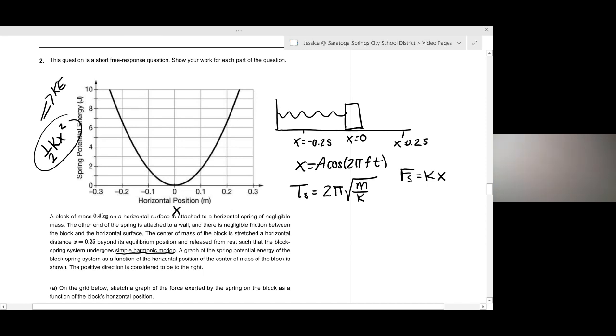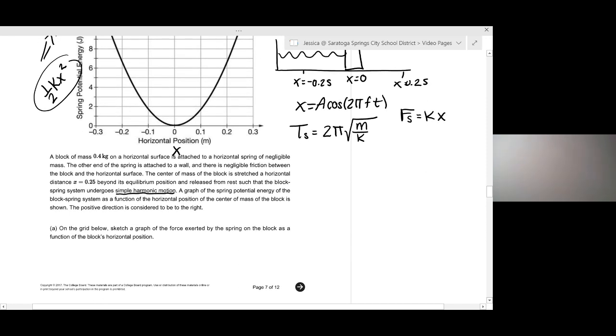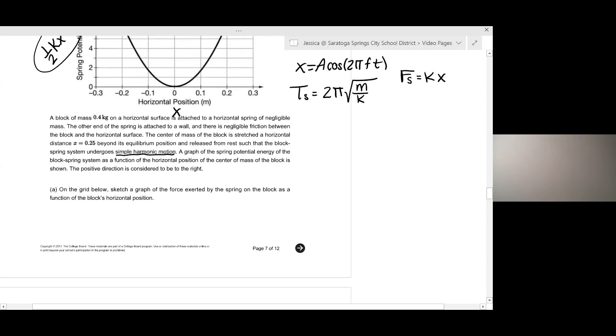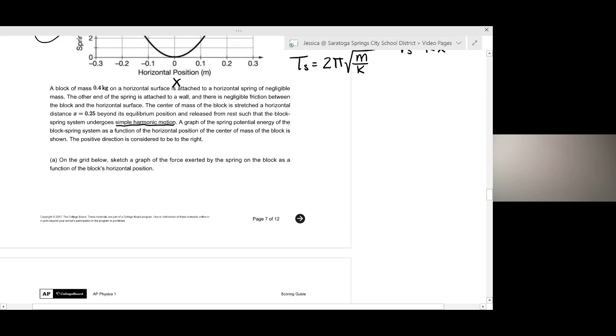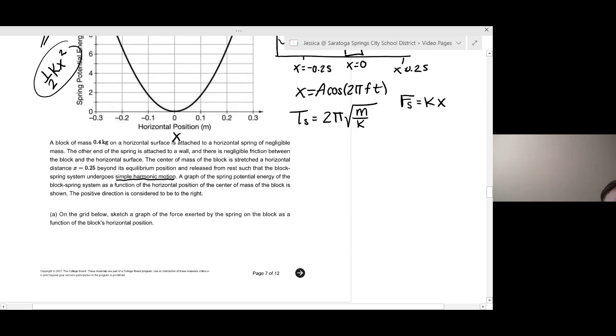The first thing we need to do is sketch the graph of the force exerted by the spring on the block as a function of the block's horizontal position. So we need to figure out when the force is going to be positive and when it is going to be negative. In general, the positive direction is considered to be rightward, and this force always points toward equilibrium.